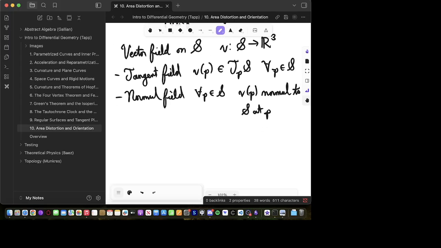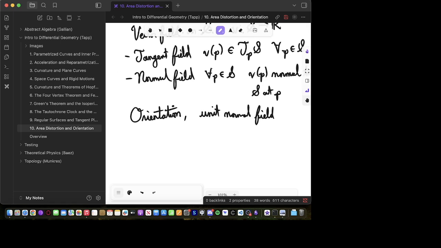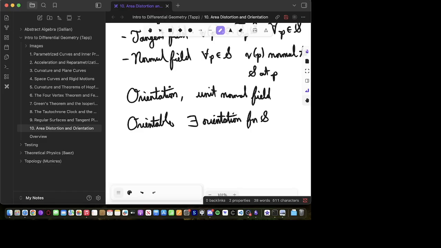So now we can define an orientation for a regular surface, which is a unit normal field on it. So a regular surface is orientable if there exists an orientation for S. An orientable surface equipped with a given orientation is known as an oriented surface.